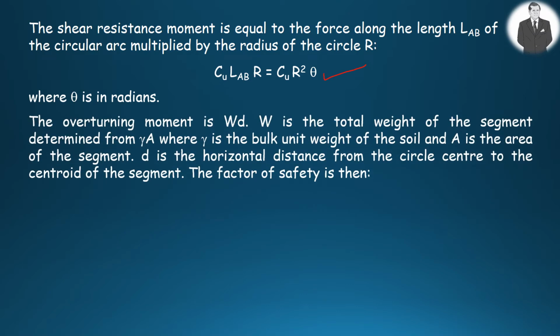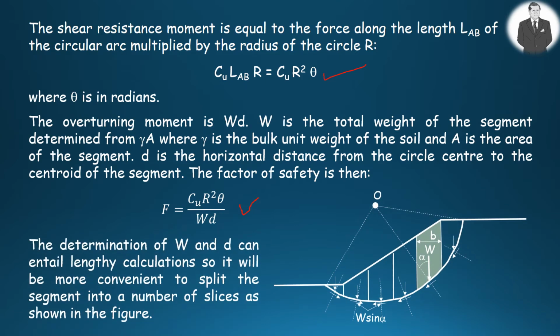The overturning moment is equal to W times D. W is the total weight of the segment obtained from gamma times A, where gamma is the bulk unit weight of the soil and A is the area of the segment. D is the horizontal distance from the circle center to the centroid of the segment. The factor of safety is then formulated as presented here.